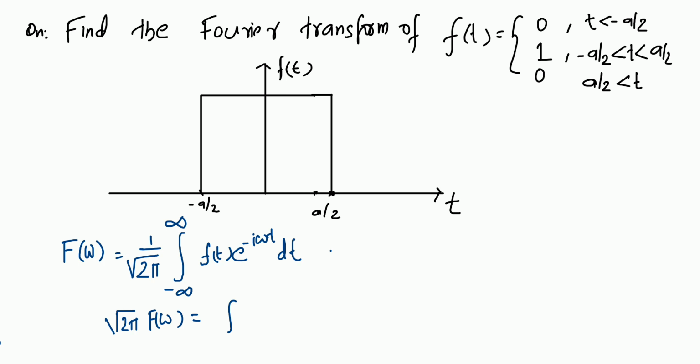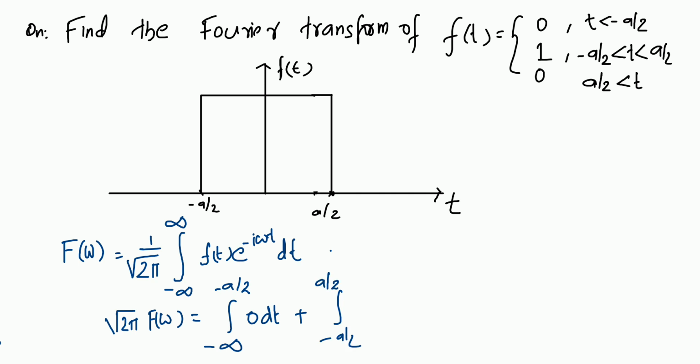Even though the definition is from minus infinity to infinity, the function we can split as, first part is minus infinity all the way up to minus a by 2, where the value of the function is 0, dt, plus, now in between minus a by 2 and a by 2, the value of the function is 1.